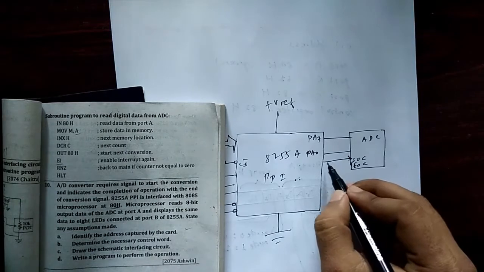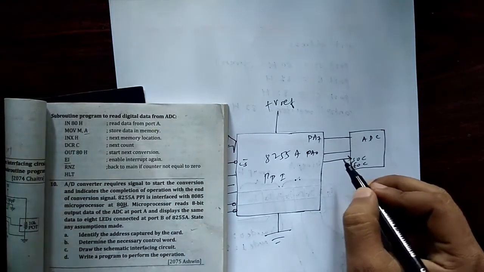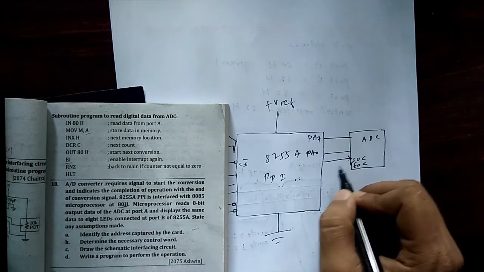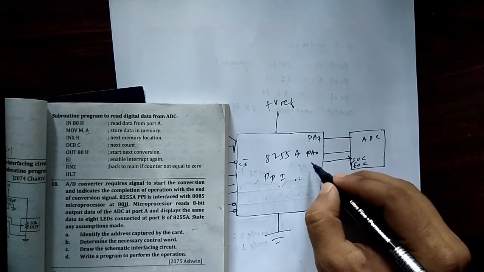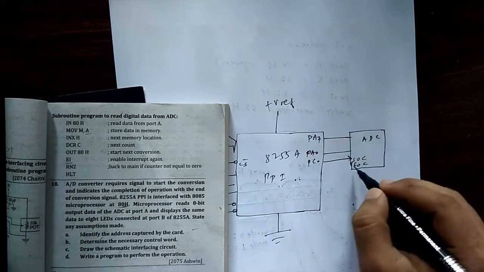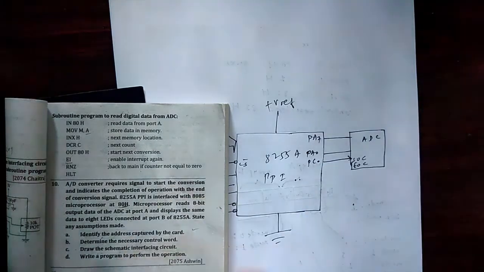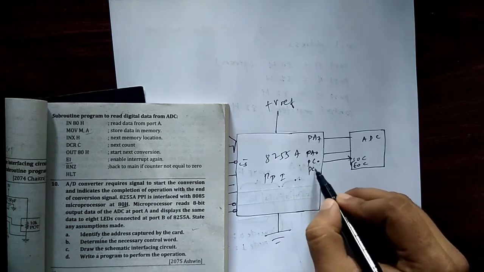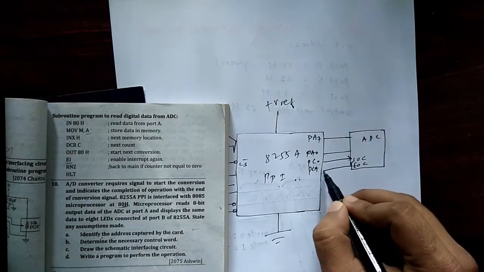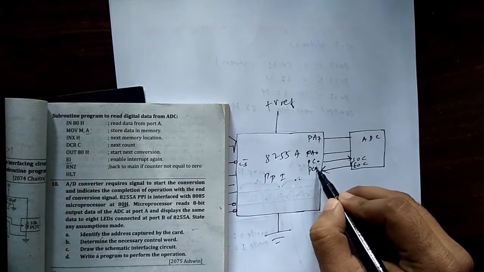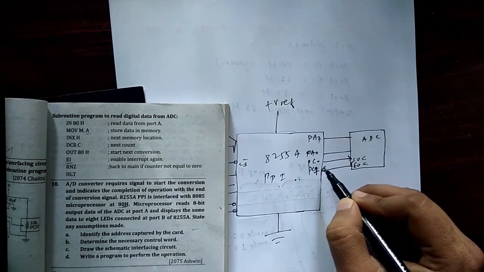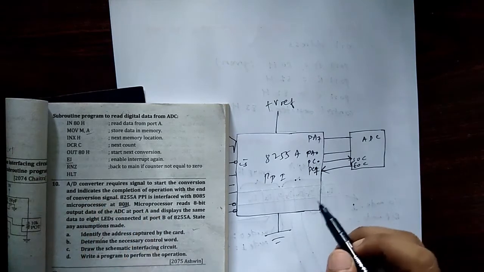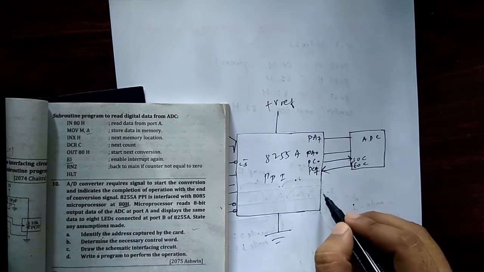So let's draw it like this, and also SOC is generally assigned with PC0, and EOC is given by the ADC to the PPI. So EOC is generally assigned with PC7, and then we are displaying those inputs at port B, so through LEDs.